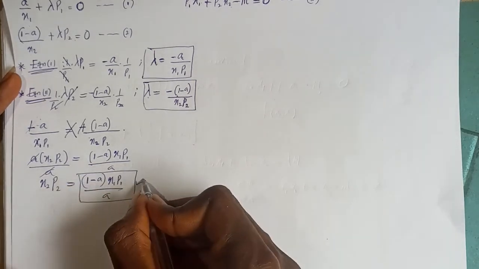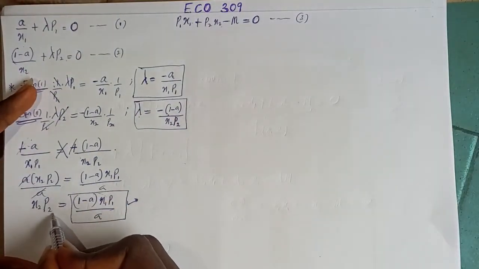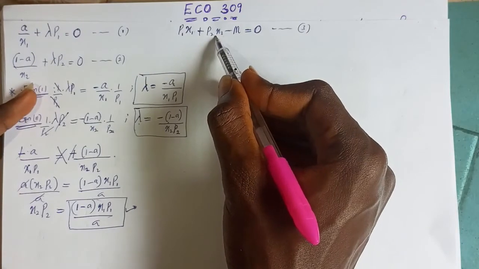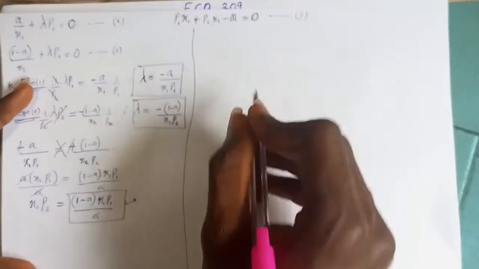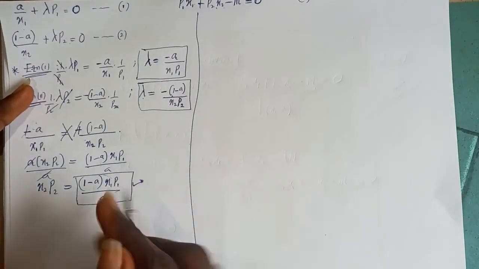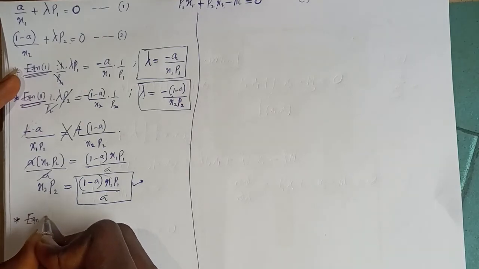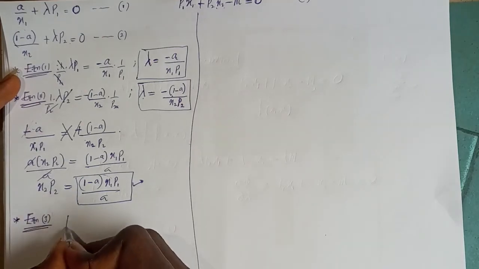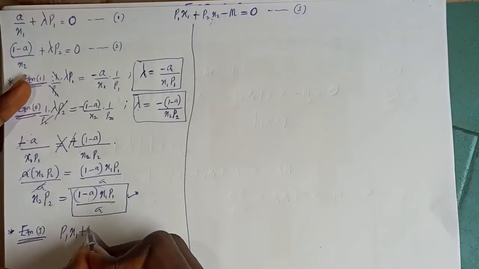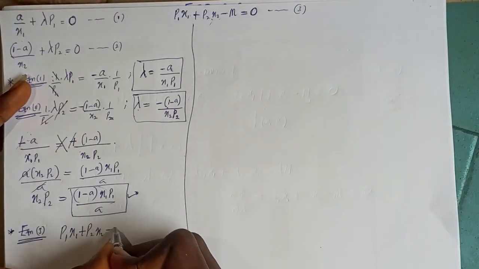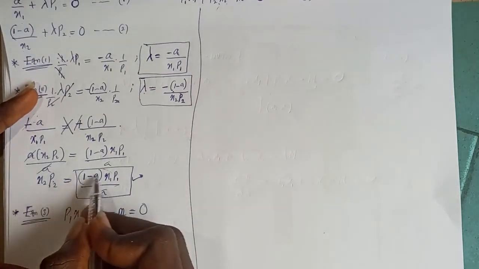So since we have this now, we can easily input the expression I have here as x2 p2 in this third equation. So from equation 3, we have p1 x1, see it up there, plus p2 x2 minus m is equal to 0, where p2 x2 is equal to this expression.